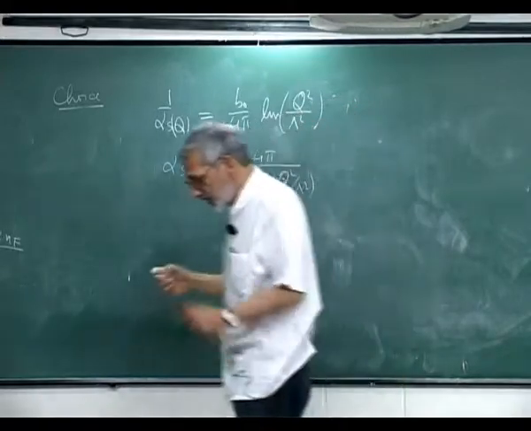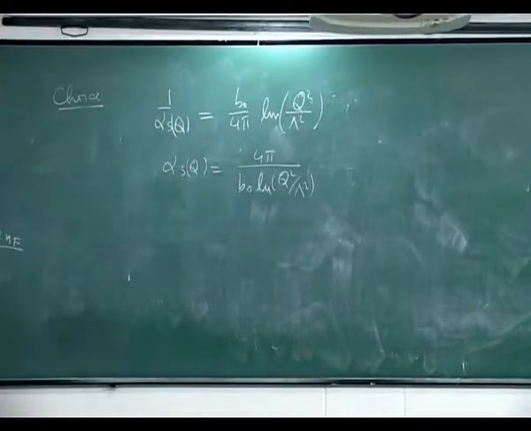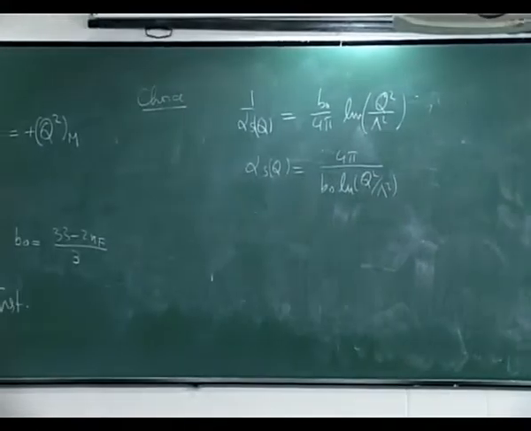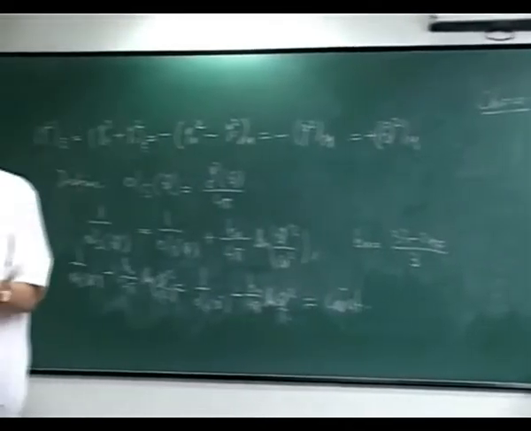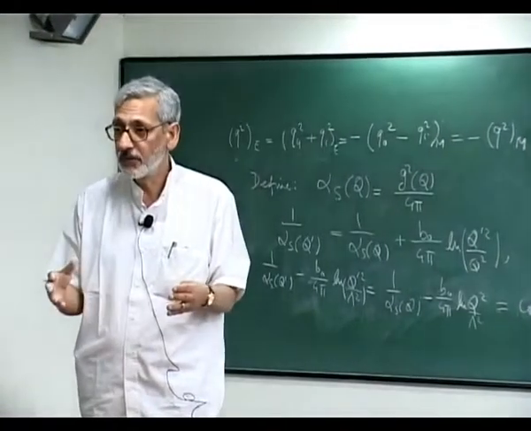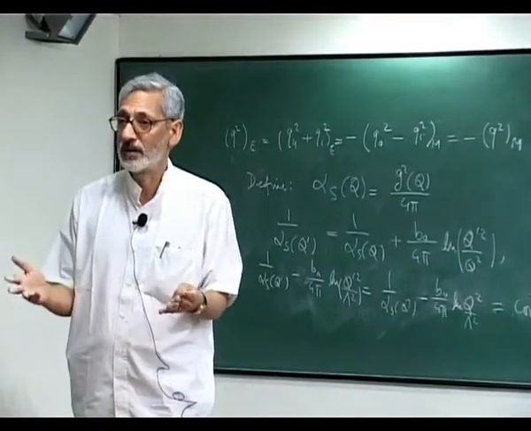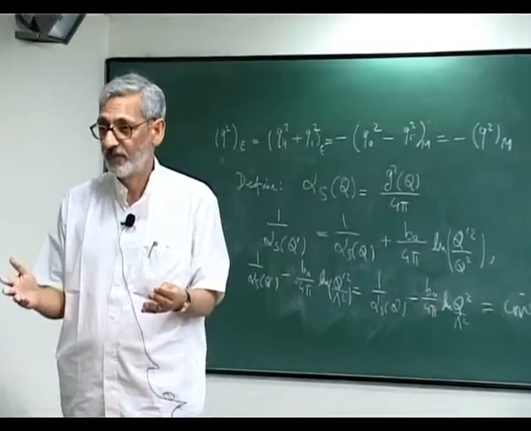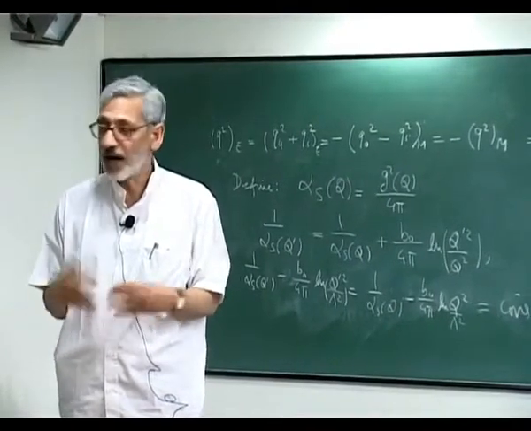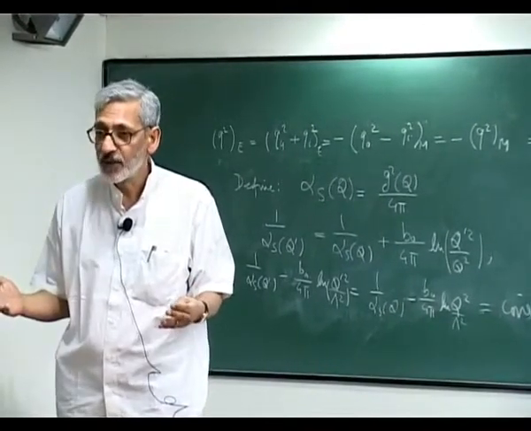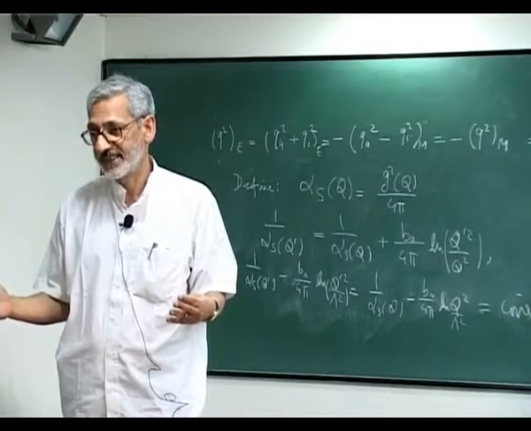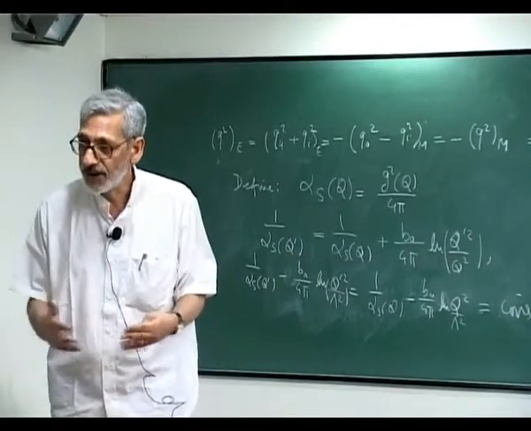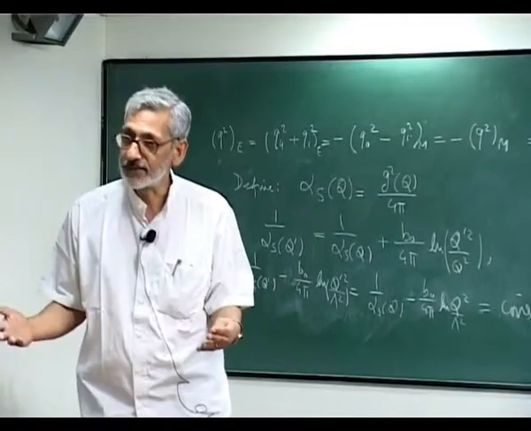So which means QCD becomes strongly interacting when momentum transfer Q is of the order of lambda. But if it is much larger than lambda, then the coupling constant of QCD is small. And it is small like 1 by log of Q square.